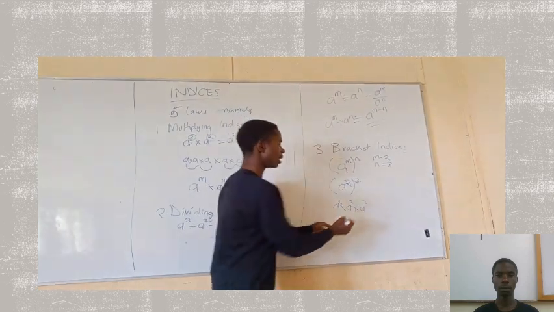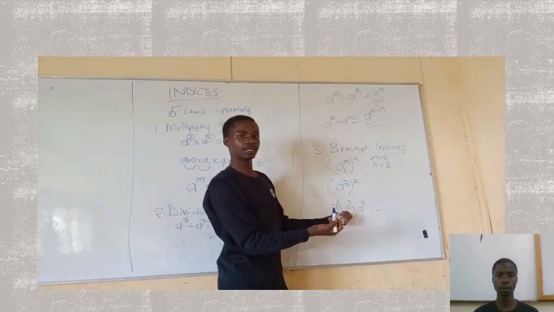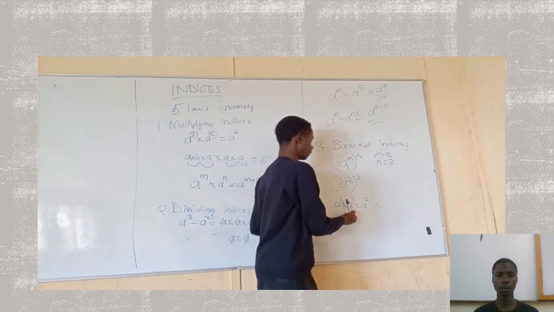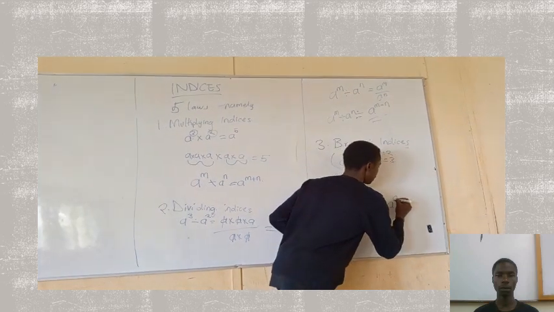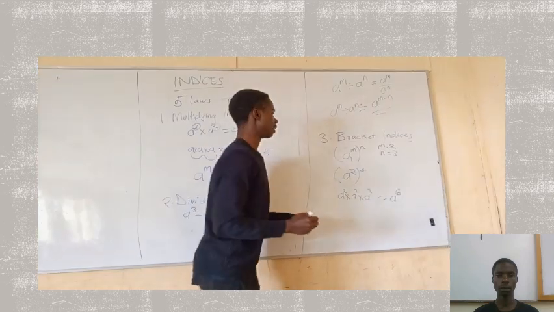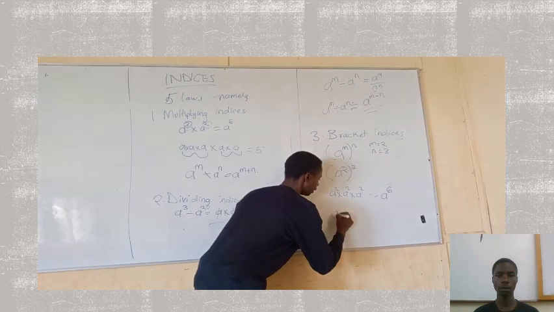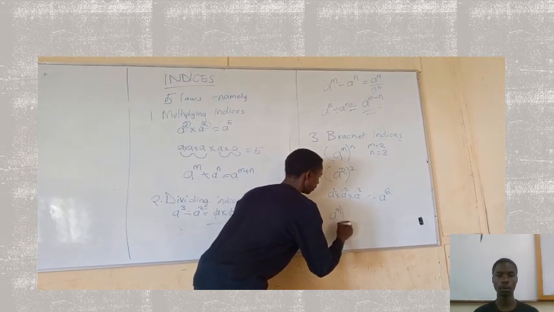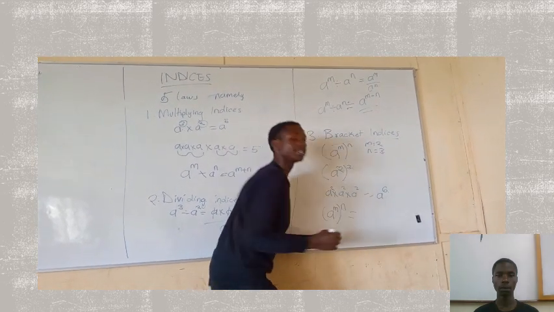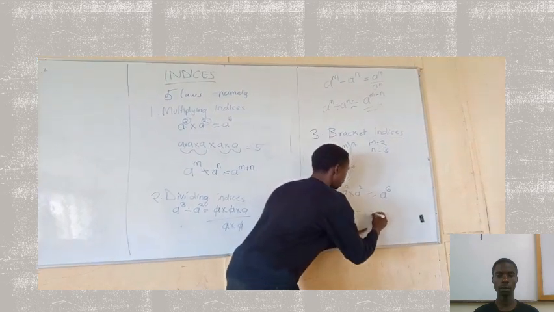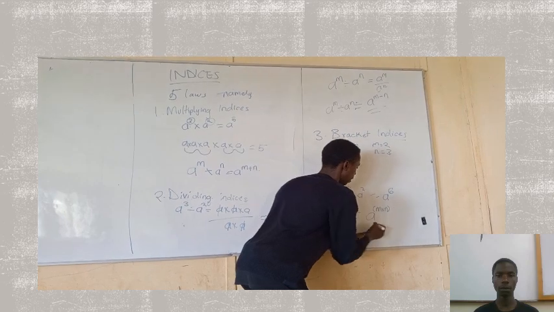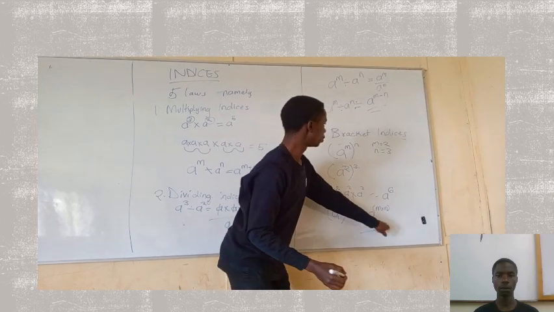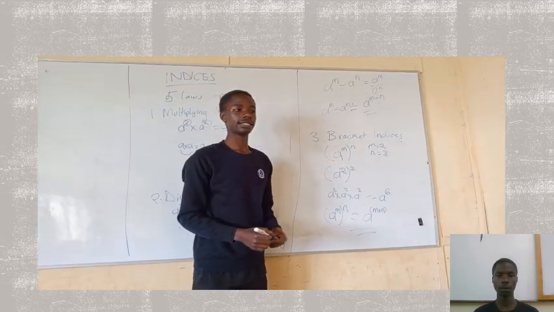But how many a's is it? Counting using the law of multiplication, we have 2 plus 2 plus 2, which is a^6. What do we show here? Here we know that (a^m)^n can be shown as a^(m×n). Now, this is the formula that you are going to use in the bracket indices.